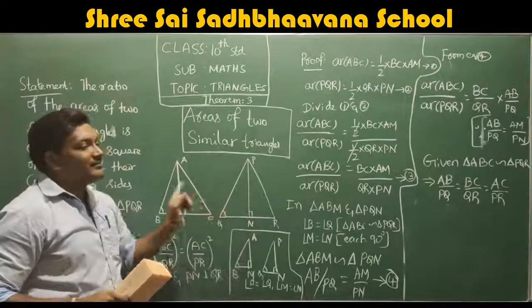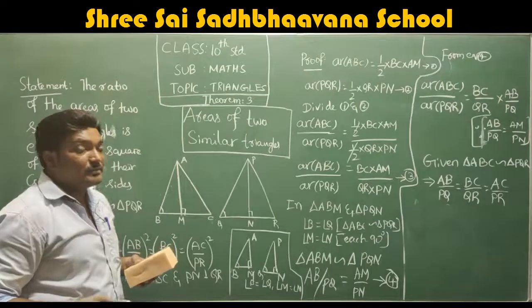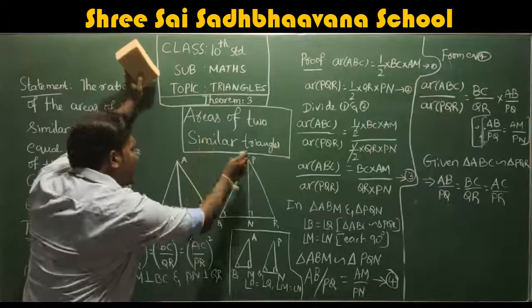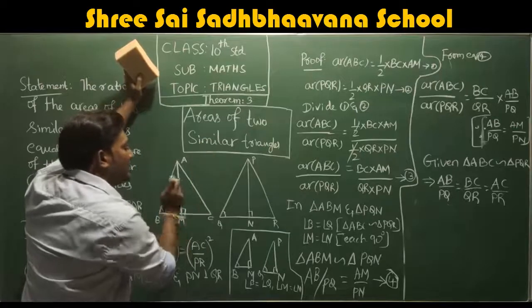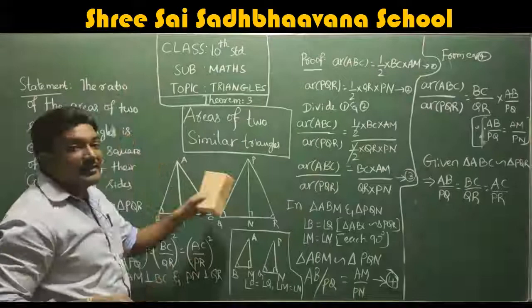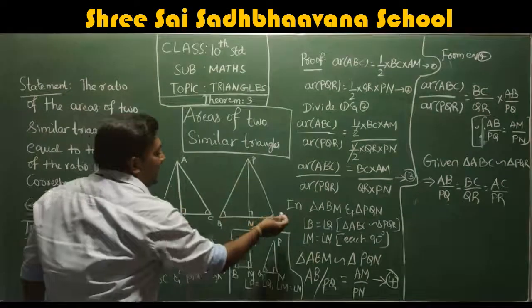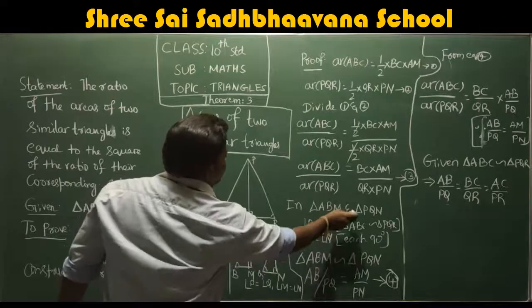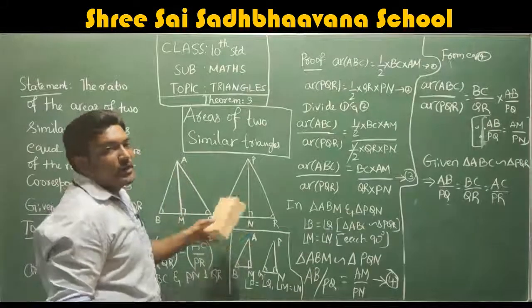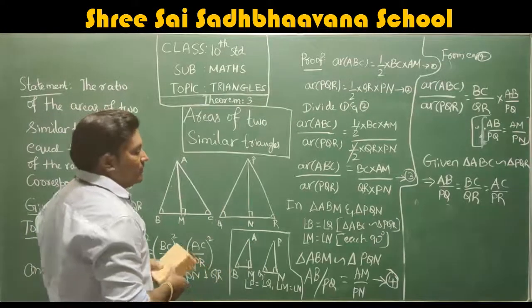If they are similar, the corresponding angles should be equal: angle A and angle P, angle B and angle Q, and angle C and angle R. So I can take angle B equal to angle Q in these two triangles.